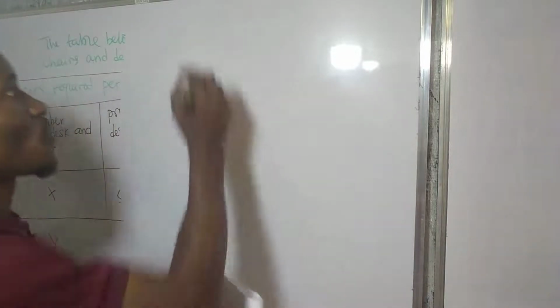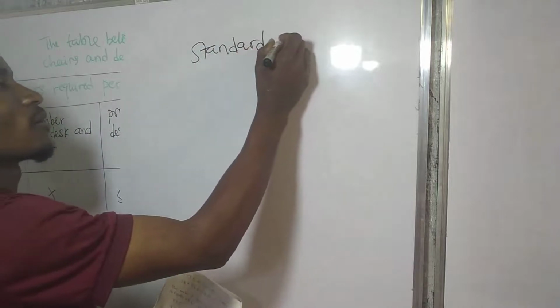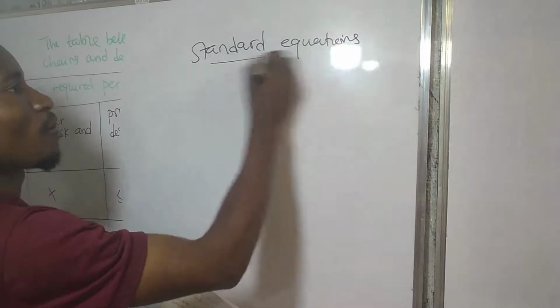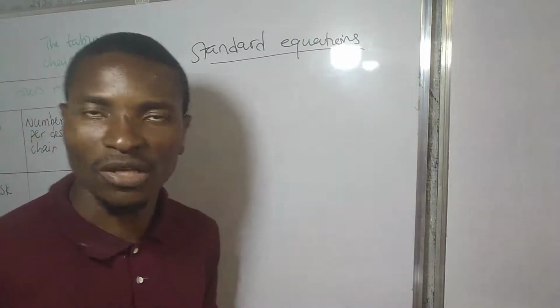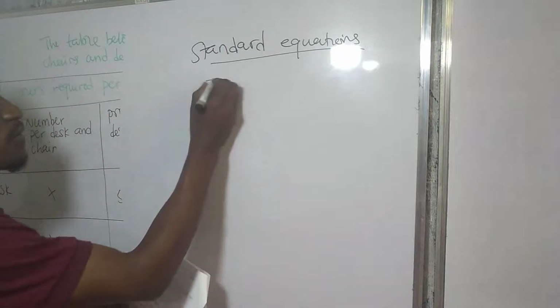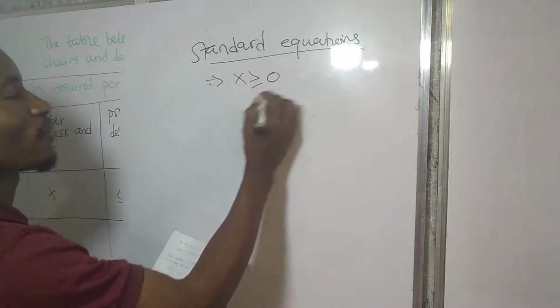And then there is what you call the standard equations. It's a must, you must include them. Okay, so the first one is x should be greater than or equal to 0.